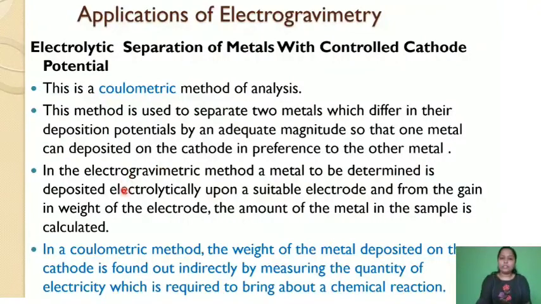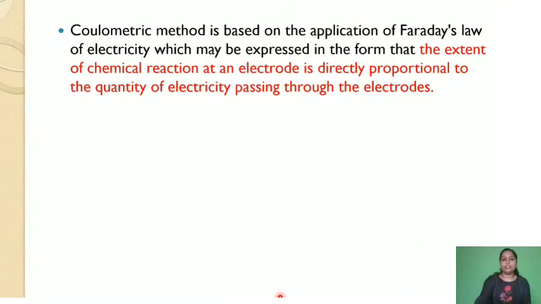In the gravimetric method, the amount of metal is determined from the gain in weight of the electrode after electrolysis.